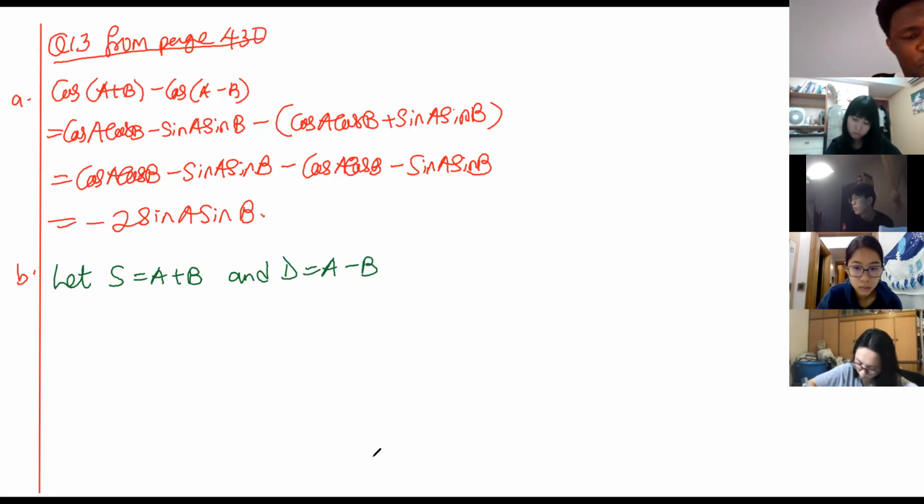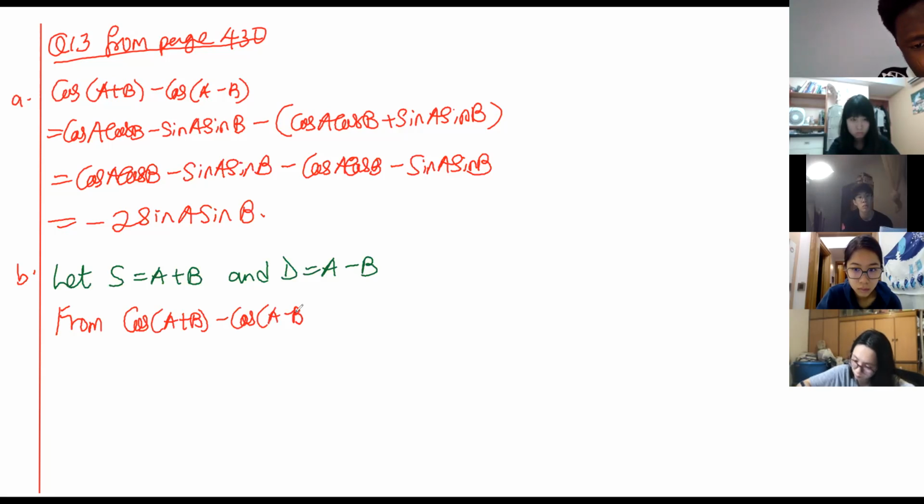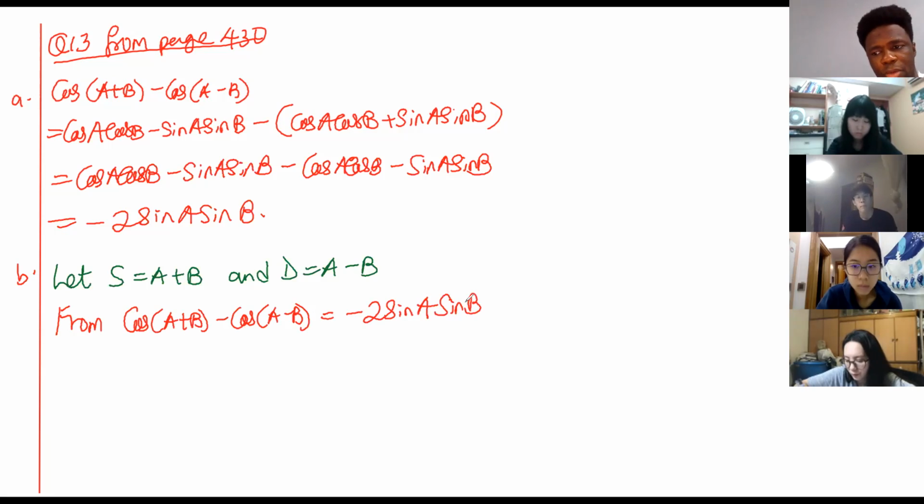So you just substitute from what we have done: cos(A+B) minus cos(A−B) is simply negative 2 sin A sin B, right? But if we substitute S here and D here, we don't have anything for A and B yet.